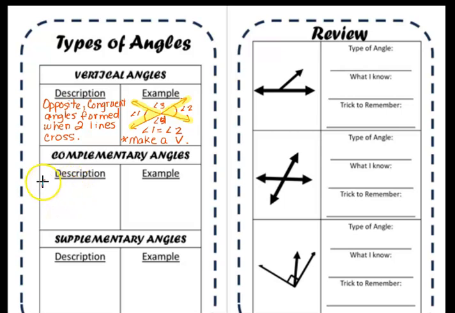And this is a pair of angles that have a sum of 90 degrees. Now, what else do you know about a 90-degree angle? Hopefully you know that that is a right angle, okay?